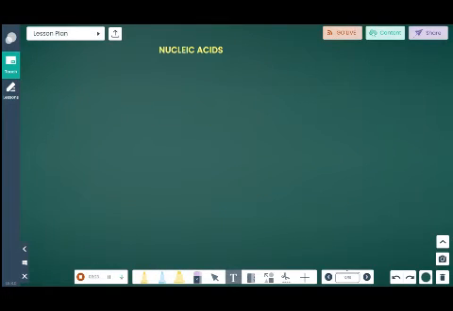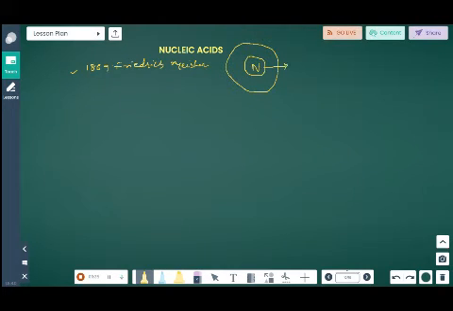Our next topic is nucleic acids. In the year 1869, Frederick Miescher first identified an acidic substance inside the nucleus. Every cell has a nucleus inside. Robert Brown discovered the nucleus, we already know. Within the nucleus, chromosomes are present.